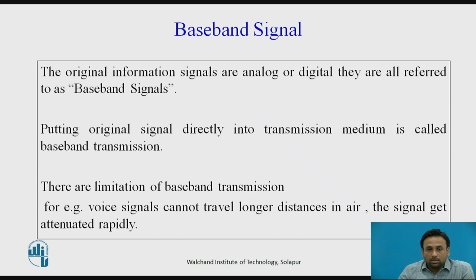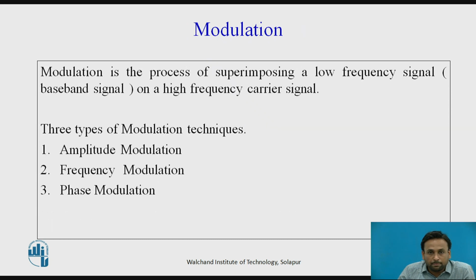For example, a voice signal cannot travel a long distance in air, as the signal gets attenuated rapidly. The baseband signal, the information signal and the modulating signal are one and the same.